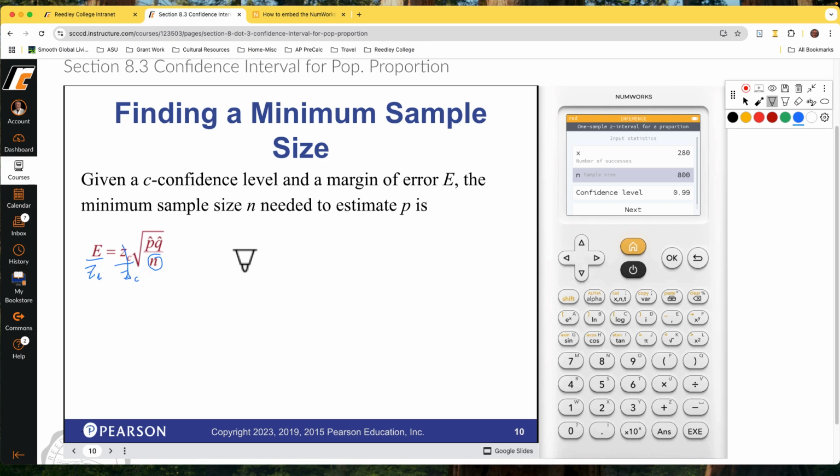That cancels out. And then we have E over z sub c is equal to the square root of p hat q hat over n. This is why we have to understand these things. We would square both sides. So that takes care of that.